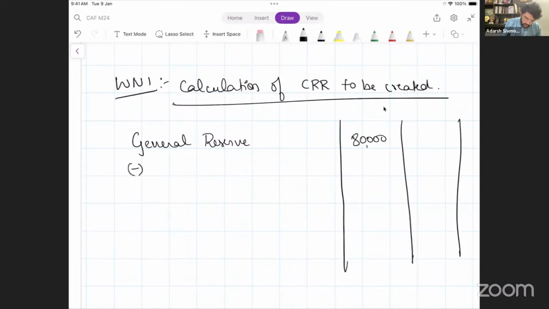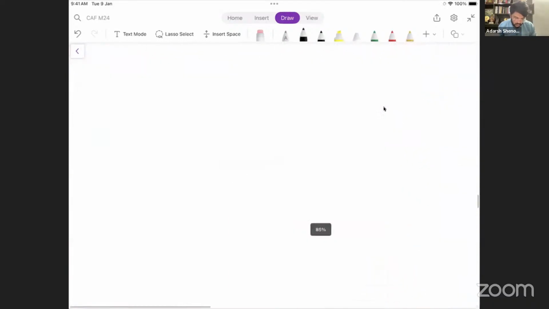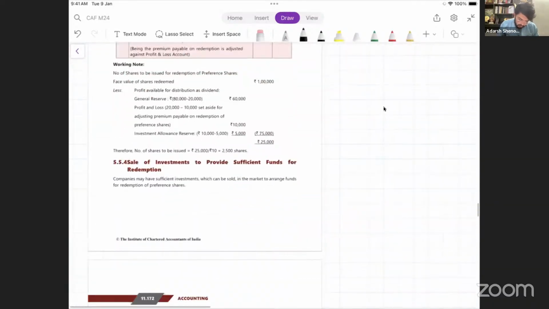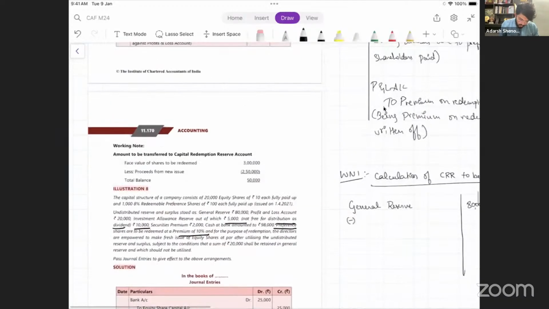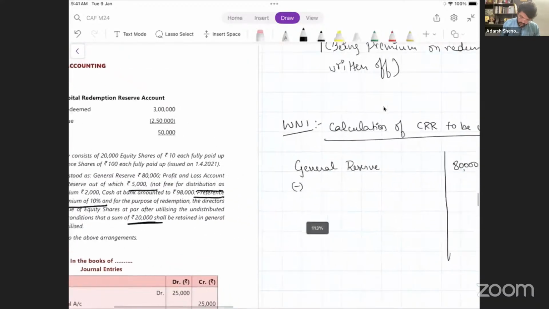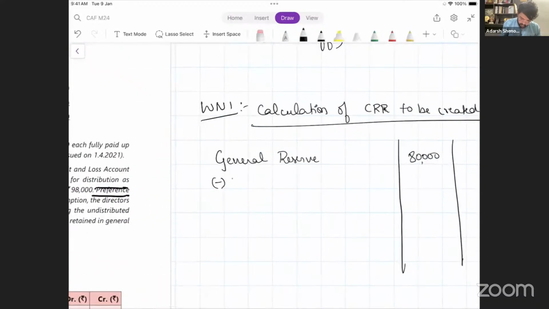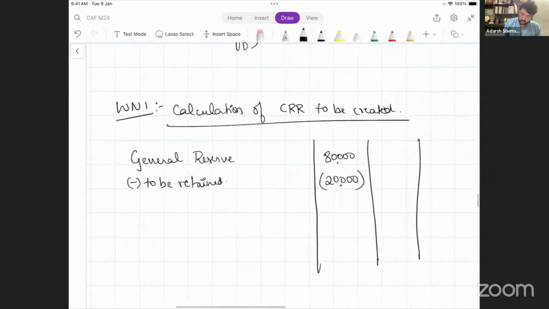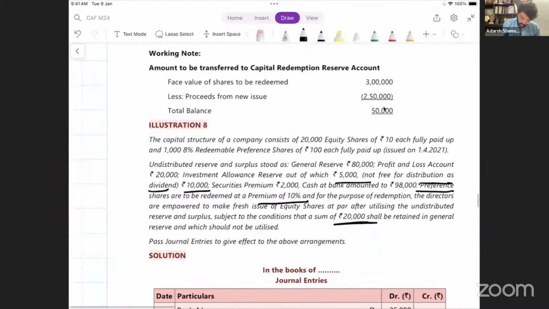But in this 80,000, we have to keep some retained. How much is to be retained? We have to retain 20,000 rupees, right? 20,000 is to be retained. So we have 60,000 general reserve available for the CRR. 60,000 of reserve can be given to CRR.